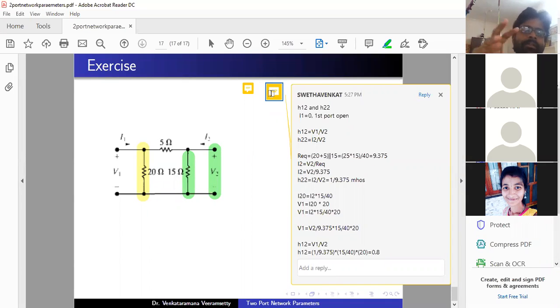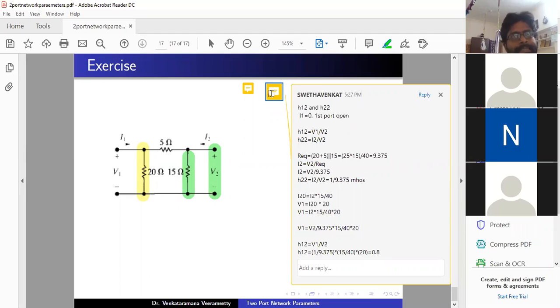But it is better that you practice with more circuits and try to calculate all the parameters for each circuit, because we don't know which type of circuit will come in the examination. That's why more practice is required for electrical circuits.